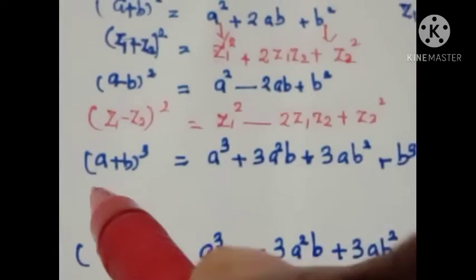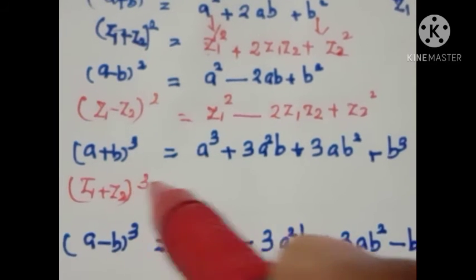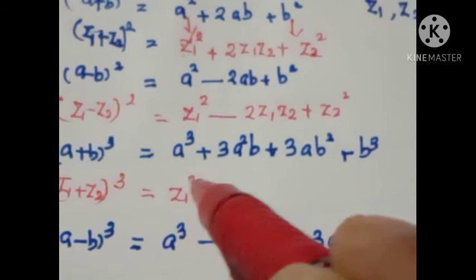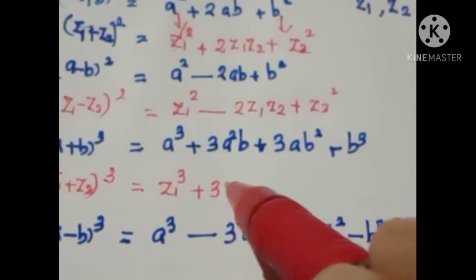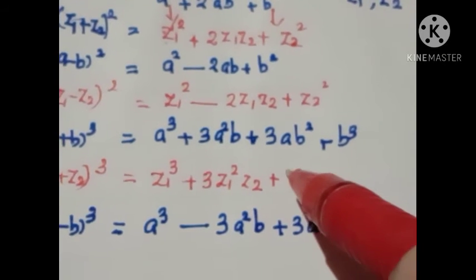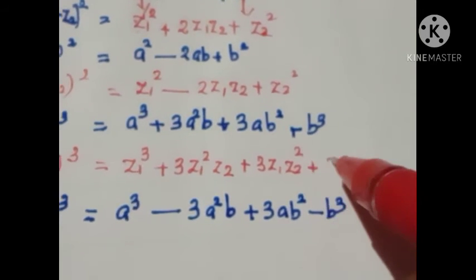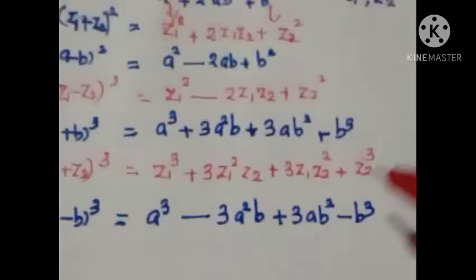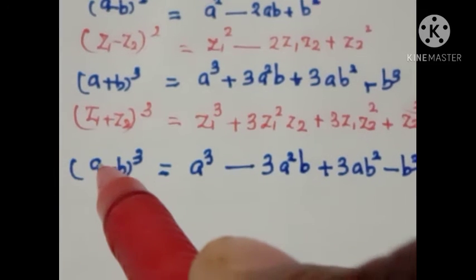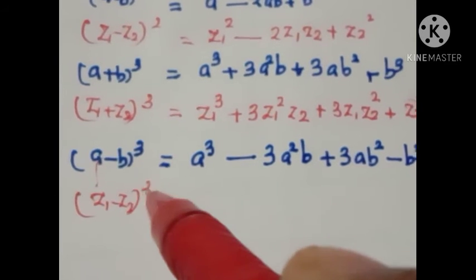Now define (Z1 plus Z2) the whole cube. What is it? Z1 cube plus 3Z1 square Z2 plus 3Z1 Z2 square plus Z2 cube. Now (Z1 minus Z2) whole cube.